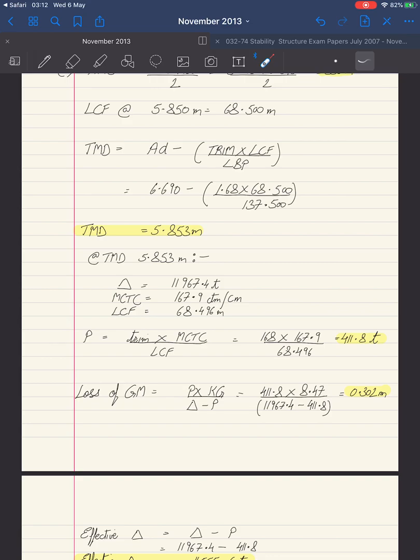Now we know that while the ship undergoes dry docking, if we look at the point of G and point of M, both these points tend to move. The M may move up or may even move down, but the G always moves up.